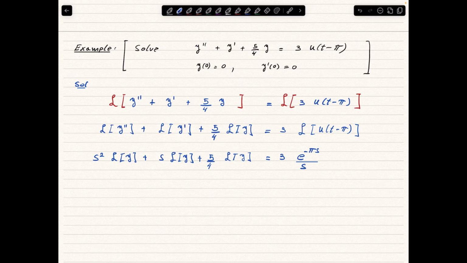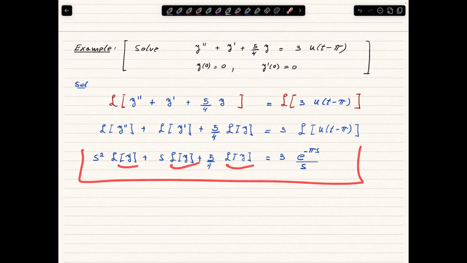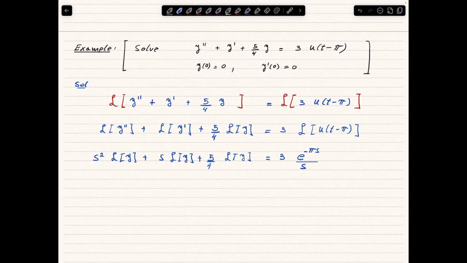And this is an algebraic equation for the Laplace transform of y. We can pull out the common factor, the Laplace transform of y, so we are going to have something like s squared plus s plus 5/4, and then all that is multiplied by the Laplace transform of y, and over here we have, or better, let's write it like this: exponential negative pi s, and then we have 3 over s.